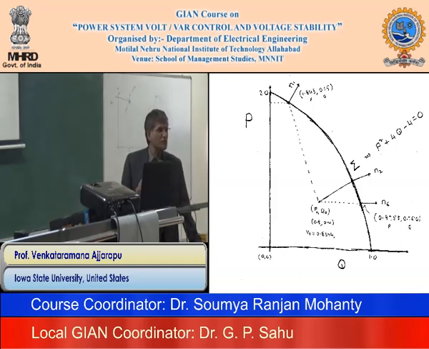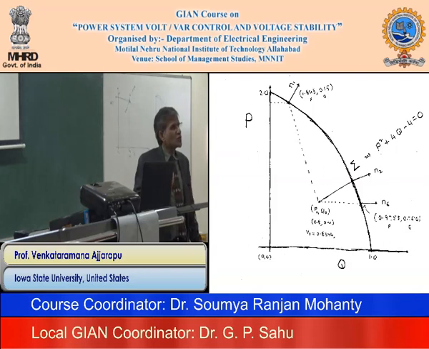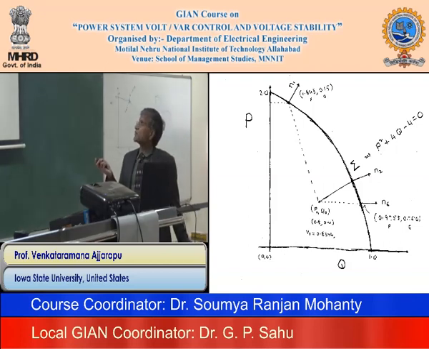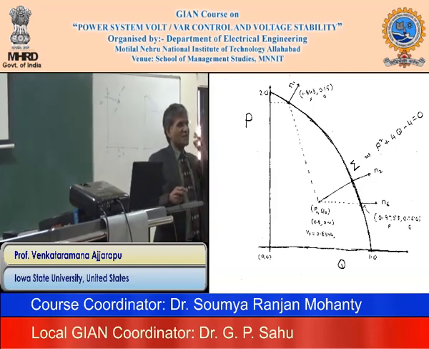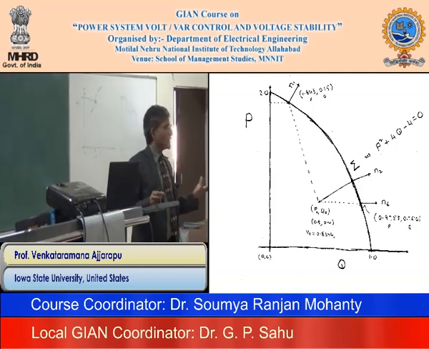That means if I somehow increase the load like this, you are reaching the boundary quickly. So this gives you some idea which loads give problems, which load increase direction gives the problem. Of course, unfortunately, this is not in our control. You cannot ask to increase the load in this direction, because the customer is independent.